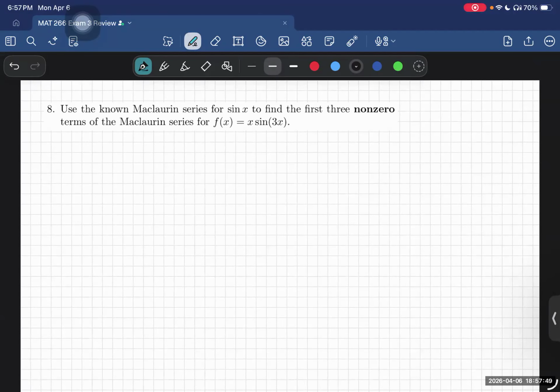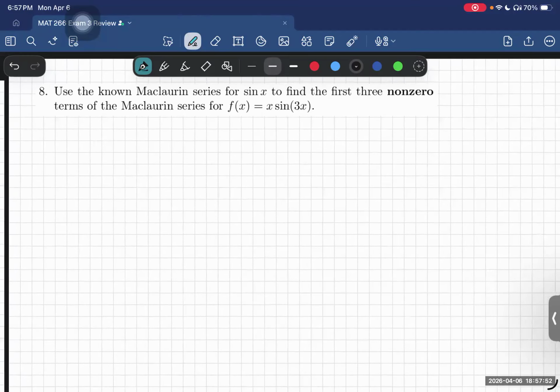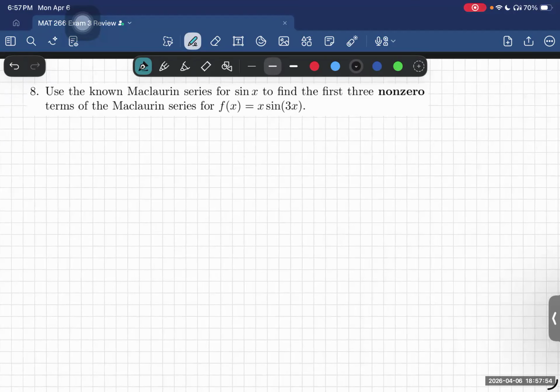Okay, so we know that sine x has a given general series, which is x minus x cubed by 3 factorial plus x raised to 5 over 5 factorial plus so on. So follow the same fashion, and even if they ask you for 5, 6 terms, you can still use this and incorporate it into your solution and get the answer, right?